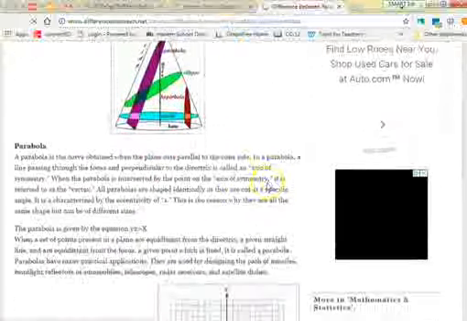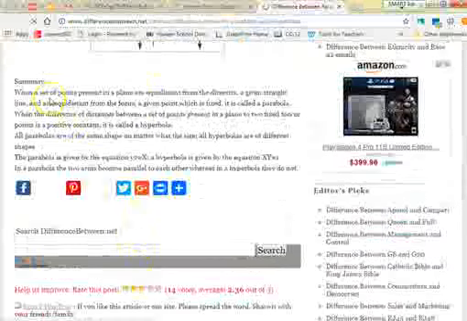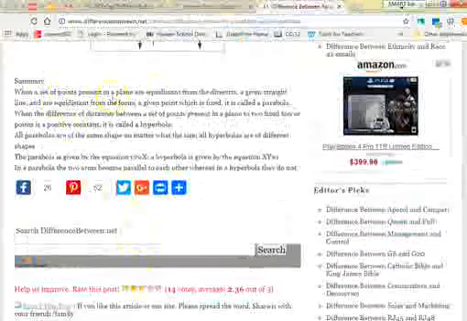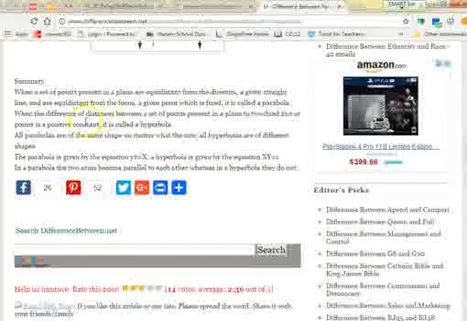Here's a website that talked about the differences. At the very end here, it says, okay, if a point is equidistant from the directrix, the line that's the directrix, and equidistant from the focus, it's a parabola. We had that definition and we kind of went, okay, yeah, whatever.